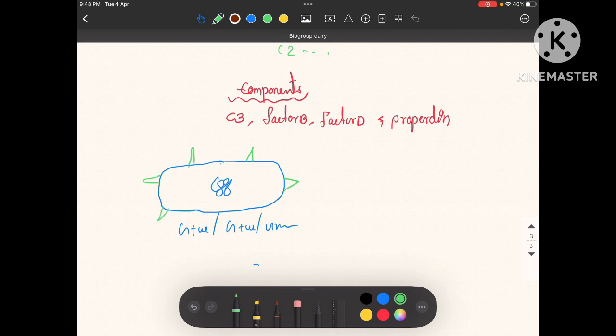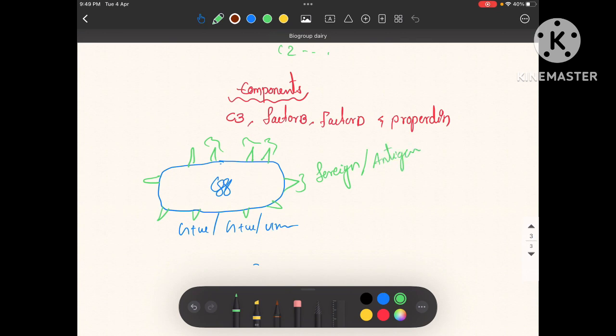These constituents may not be present in our system, so for the very first time they are exposed to our host system. So our host system recognizes the surface constituents of the pathogen as foreign substances.